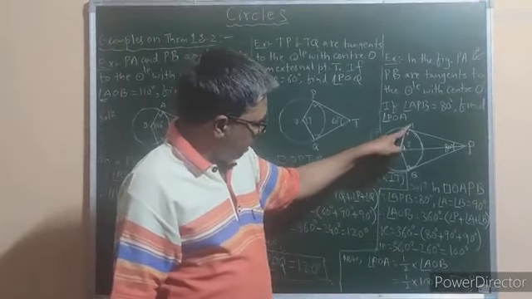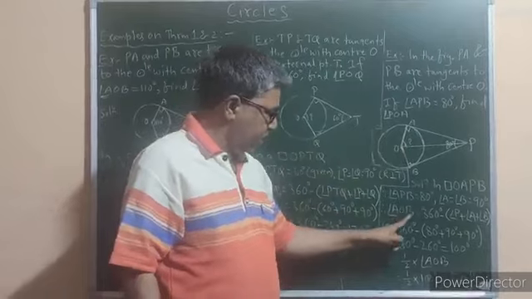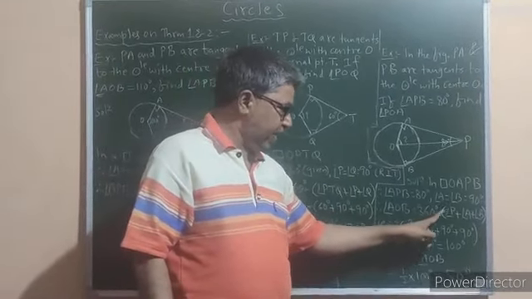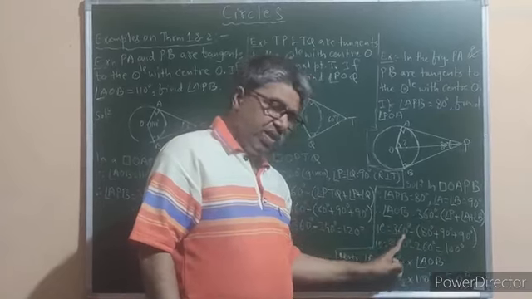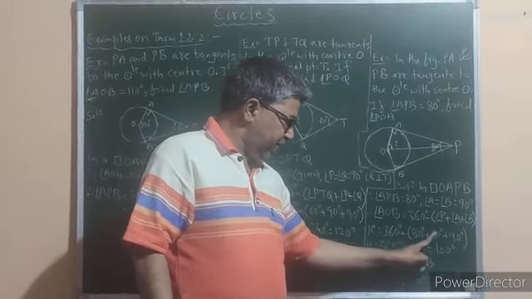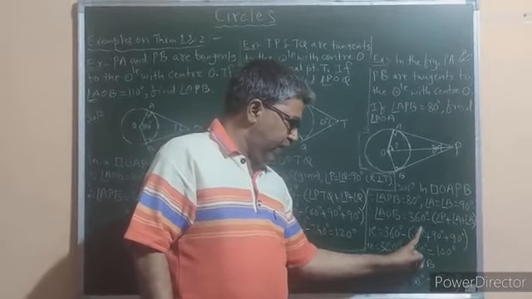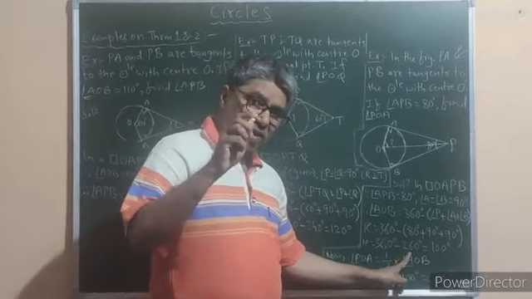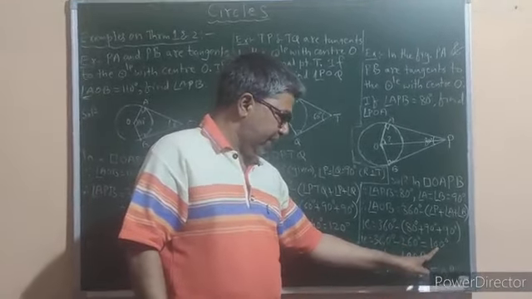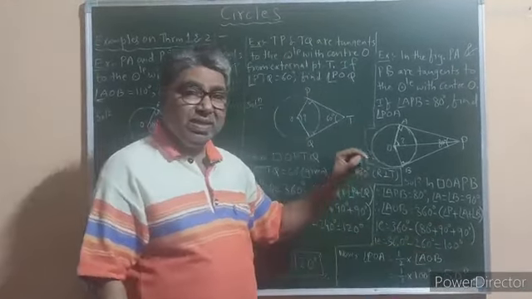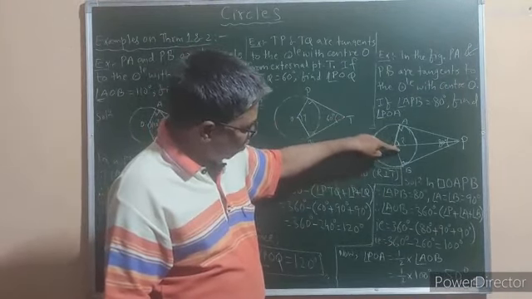Now therefore angle AOB, this full angle, is equal to 360 degrees minus (angle P plus angle A plus angle B). 360 degrees minus (80 plus 90 plus 90), 360 degrees minus the sum total of 80, 90 and 90, which is 260 degrees. If you subtract 260 from 360, you will get 100, and 100 is the measure of angle AOB, this full angle.